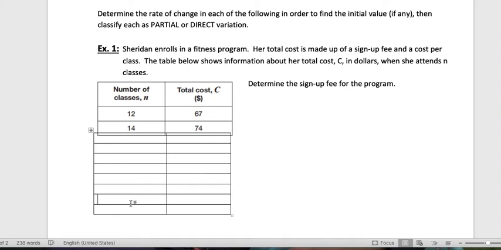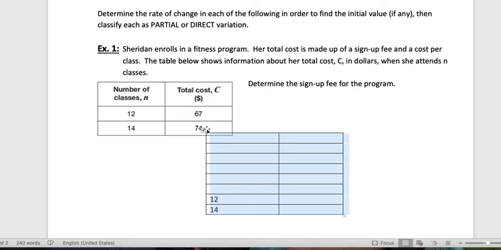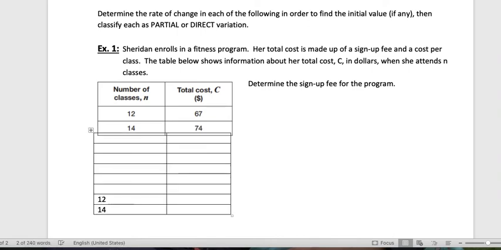We know down here that this is 12 and this is 14. What we want to know is when x is 0, what is this y value?